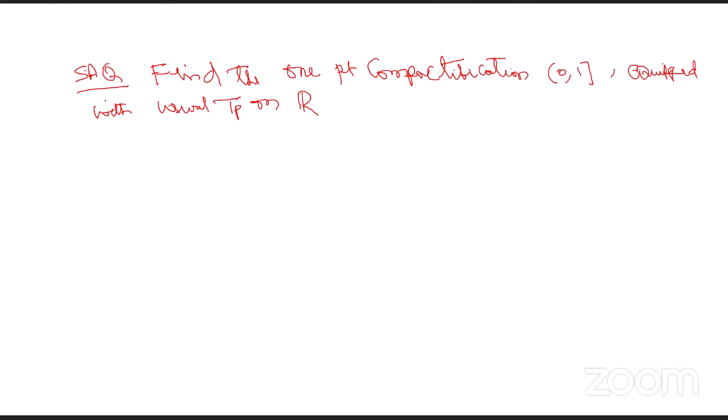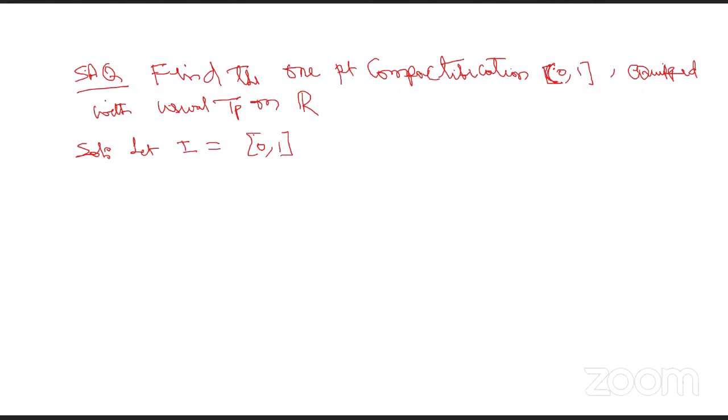Next, solution. Let J equal (0, 1], where I means the interval [0, 1]. This is the closed interval, 0 included, whereas J is left open, right closed.